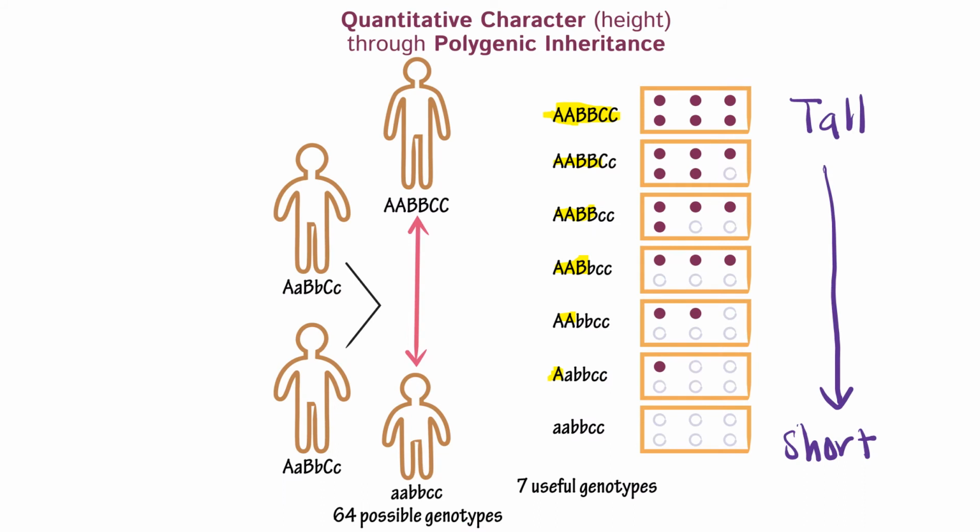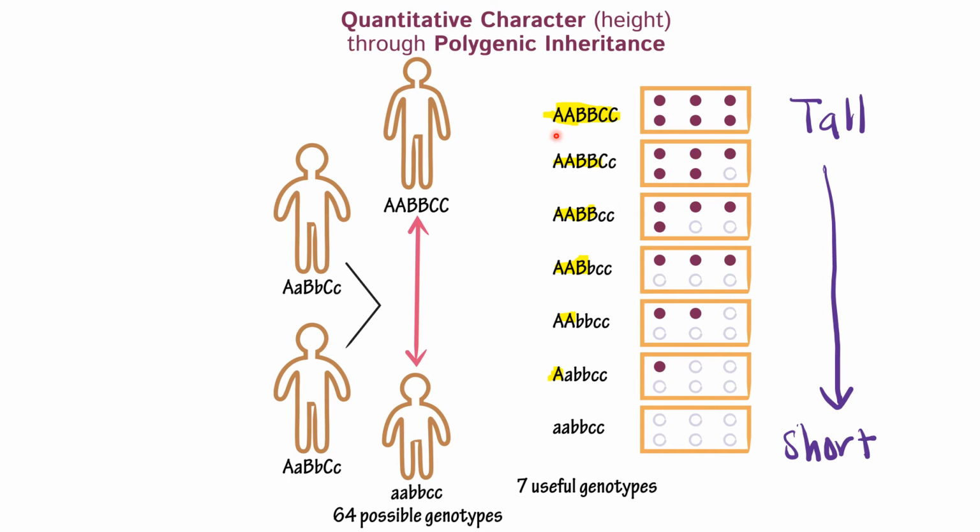Normally, the alleles of a quantitative polygenic trait have dominant and recessive forms. For example, the dominant is for tall in the trait of height, and the recessive is for short. Because so many alleles are involved in this trait, for example A allele, B allele, and C allele, altogether they contribute to the height of a person.